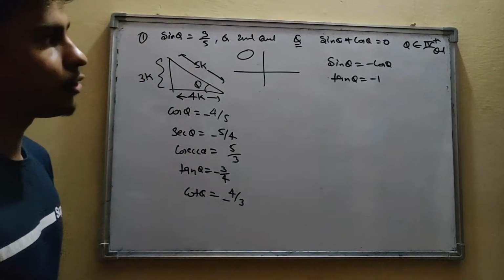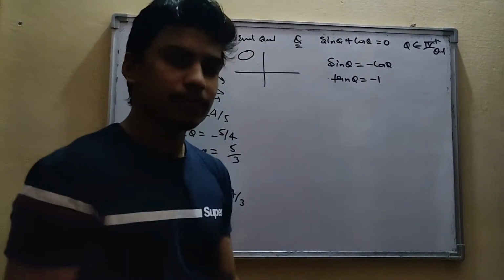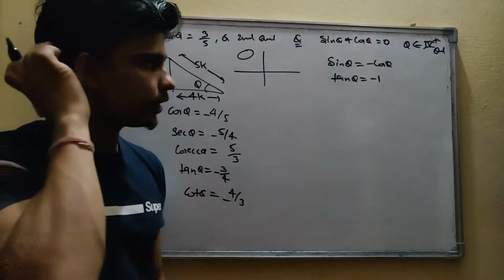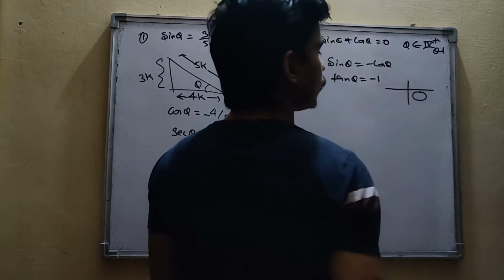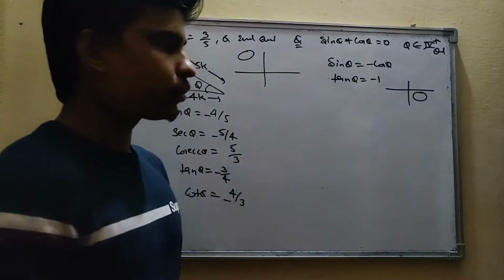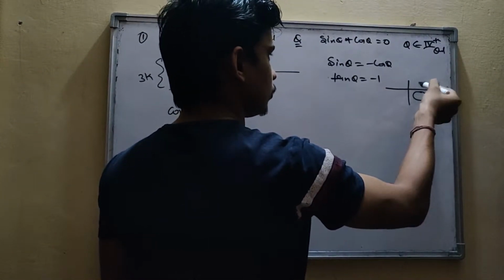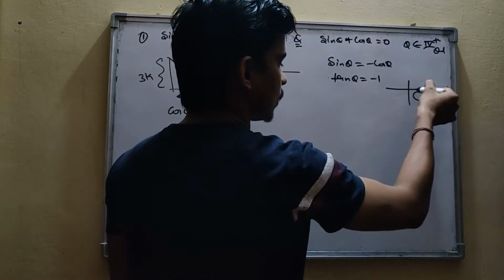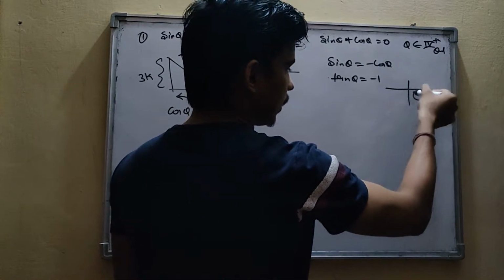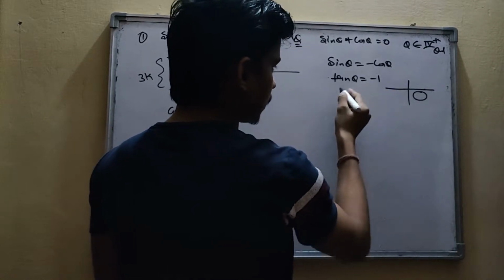Now this is important. Tan theta is going to be minus 1, and theta belongs to the fourth quadrant. In order to reach this angle, I can replace theta by minus theta.